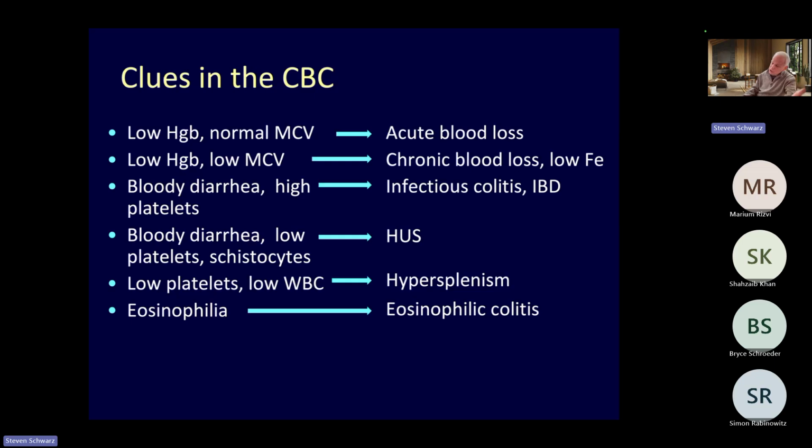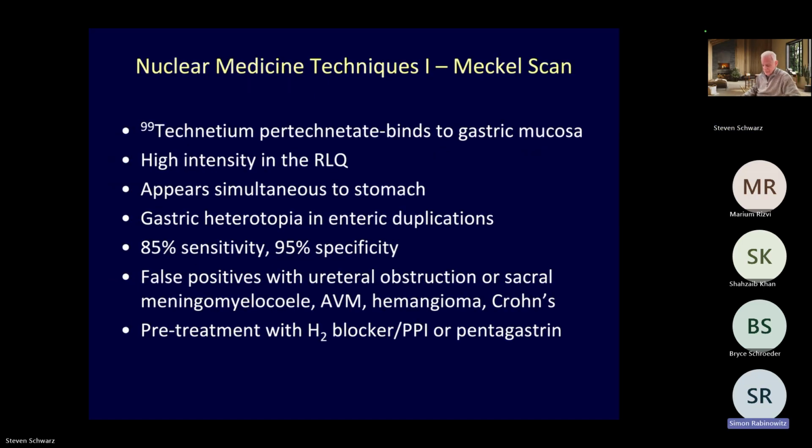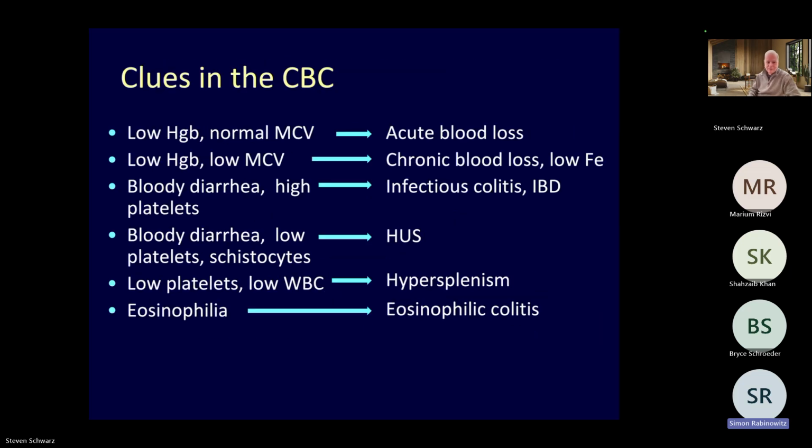Again, we can use the blood tests, but you have to learn how to use them. These are important clues just in the CBC. This is an excellent slide for the residents. Yeah, I definitely ask you to memorize it fully.